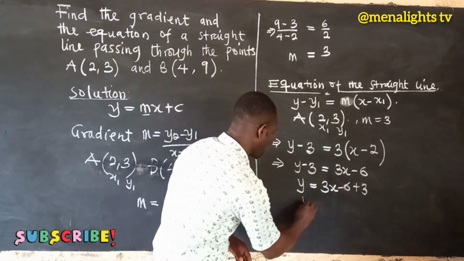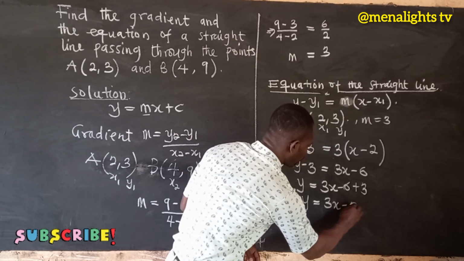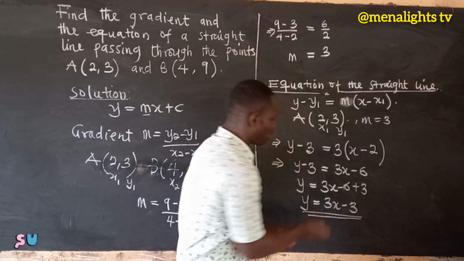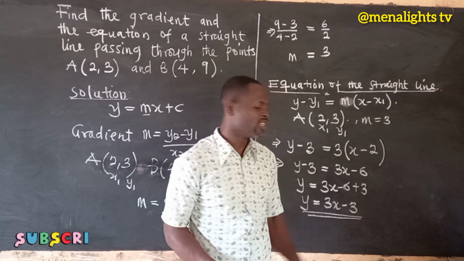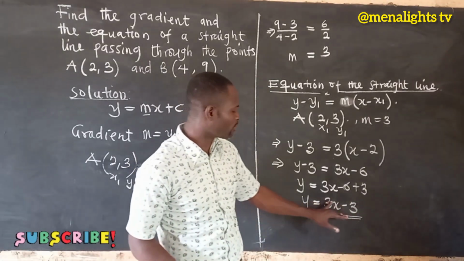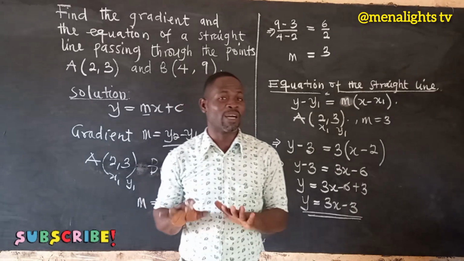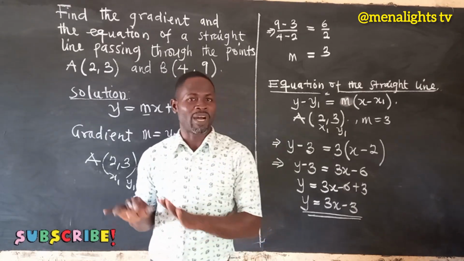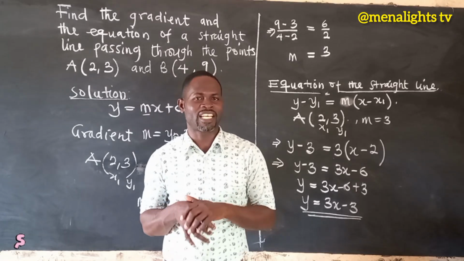So we have y equal to 3x minus 3. This y equals 3x minus 3 is the equation of the straight line where you are given the points A (2, 3) and B (4, 9).